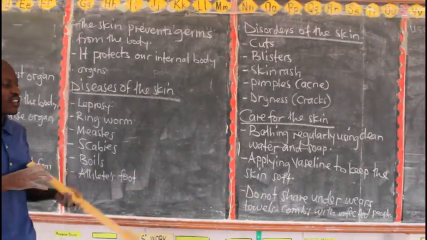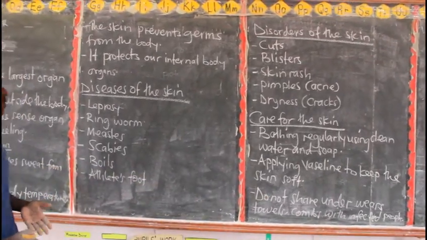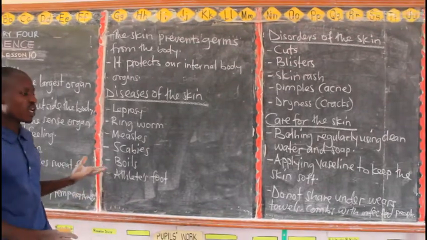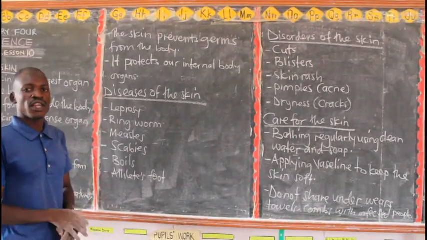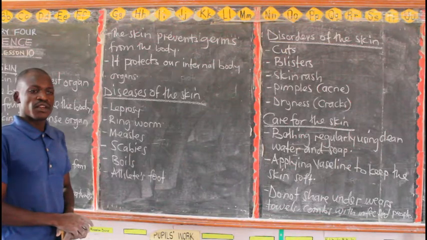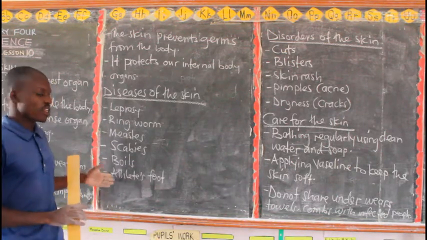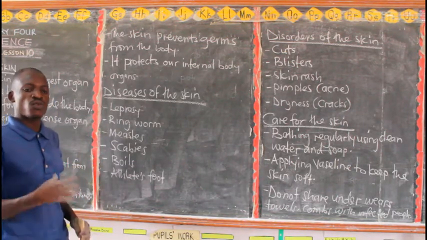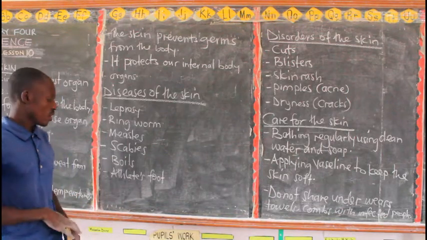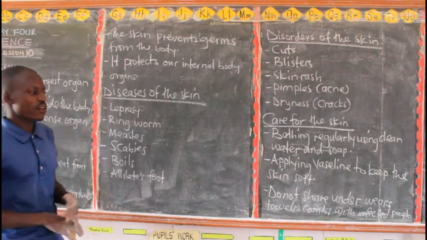If you are sharing underwear and somebody has ringworms or scabies, you can also develop them. Wearing wet socks, you can develop athlete's foot. So make sure that you dry your socks before you wear them to prevent athlete's foot.